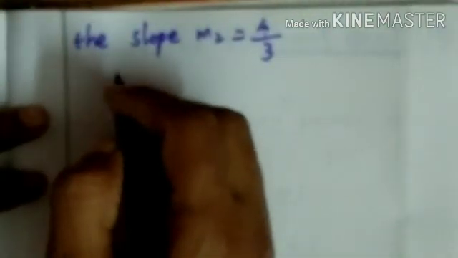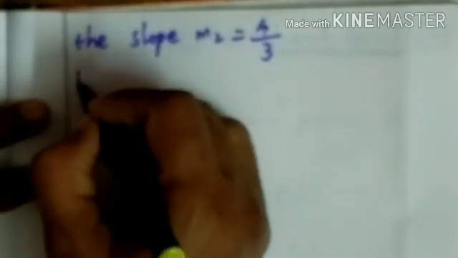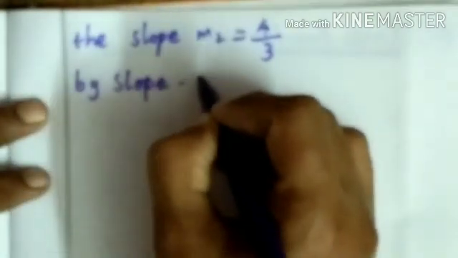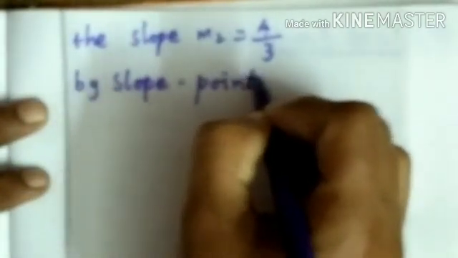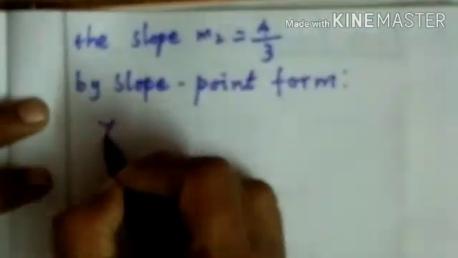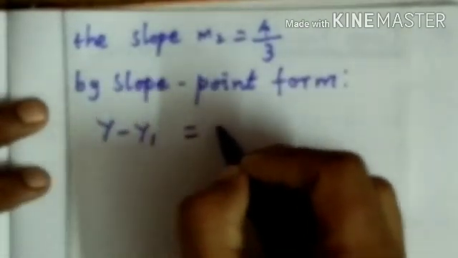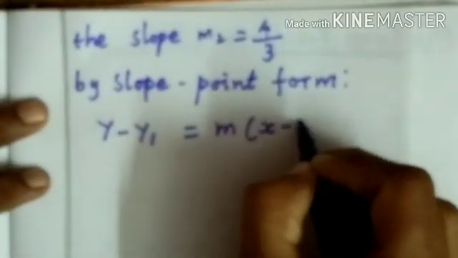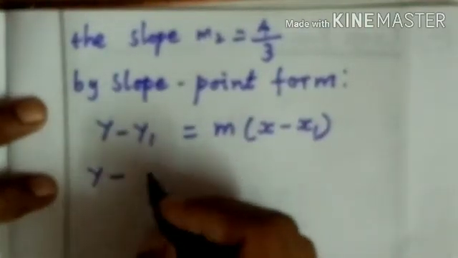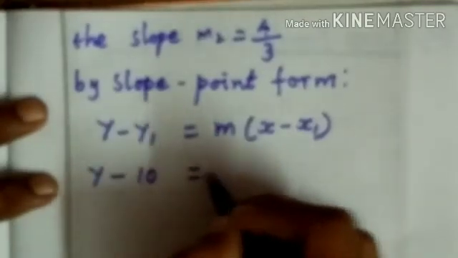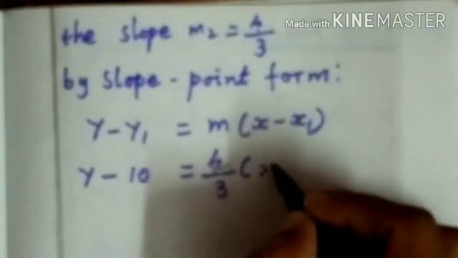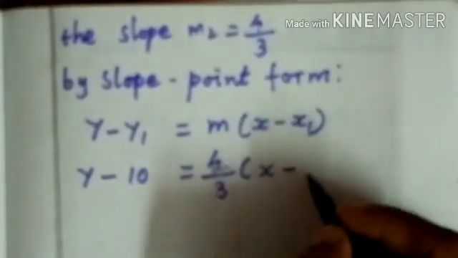Then the equation by slope point form: y minus y1 is equal to m into x minus x1. Y minus y1, 10, is equal to, here m is 4 by 3 into x minus, here x1 is 3.